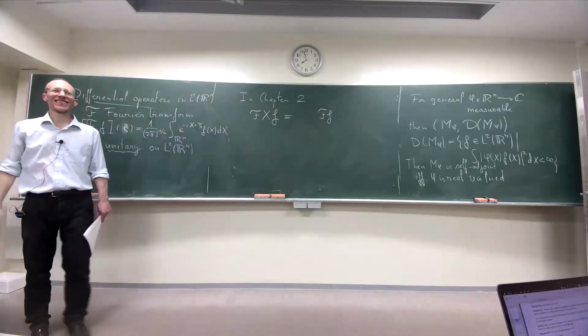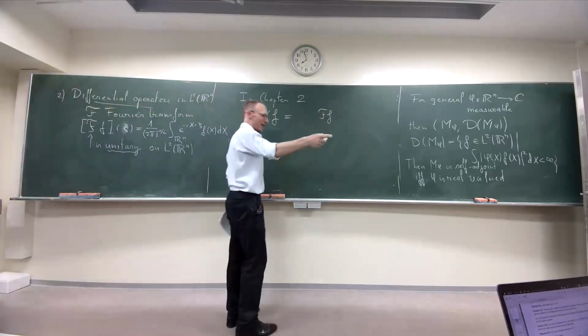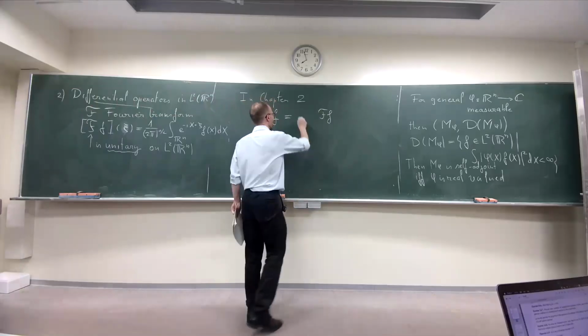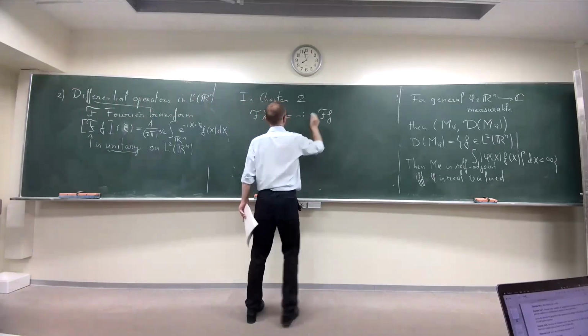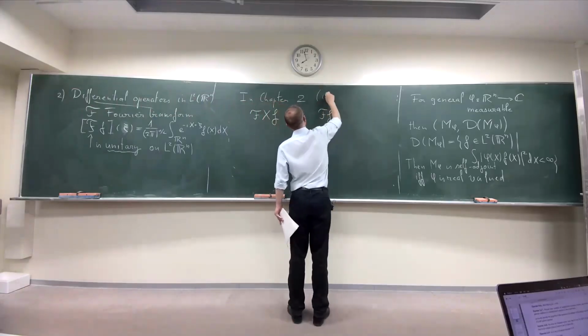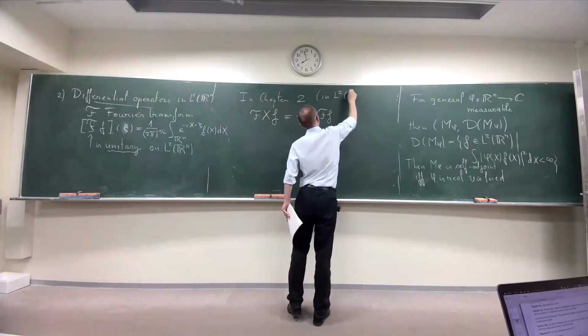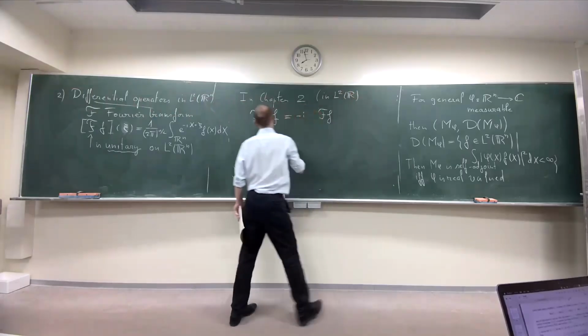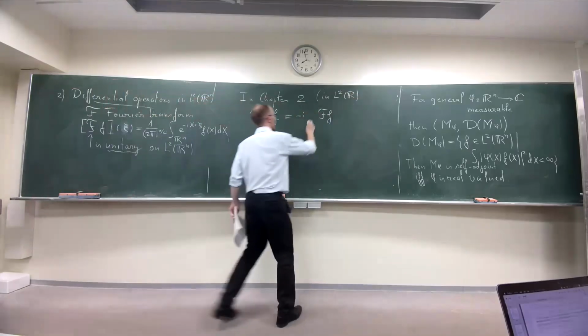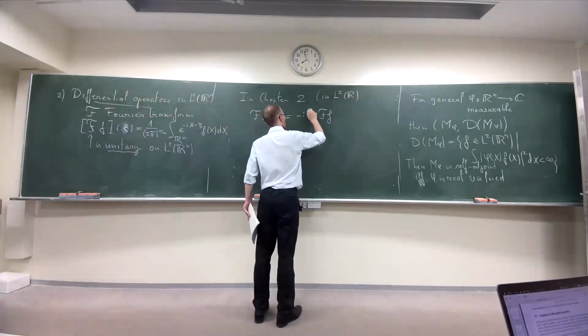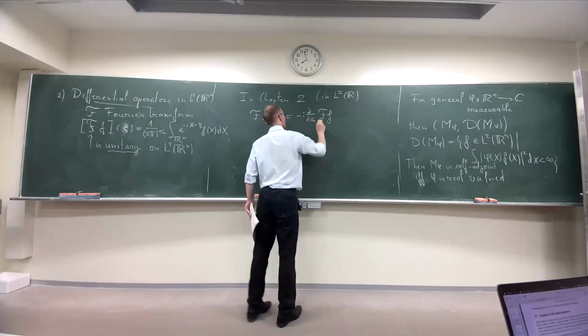You should remember. Maybe you should also remember. It's minus, in one dimension. We did it in one dimension, in chapter 2, in L2 of R. So it's just multiplication by one variable. Minus i d over dx.